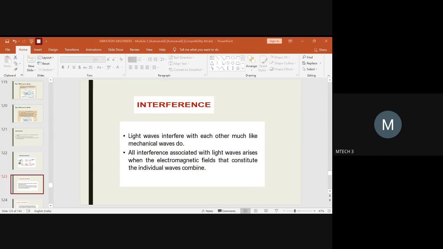It interferes with the wave of light. Okay, what do you mean by it? What do you mean by interference?